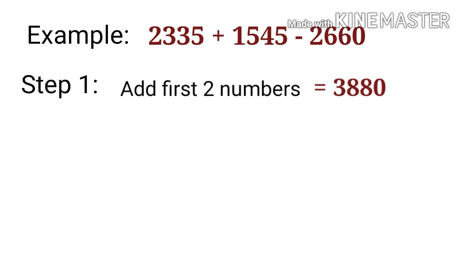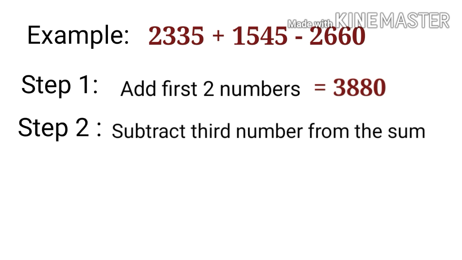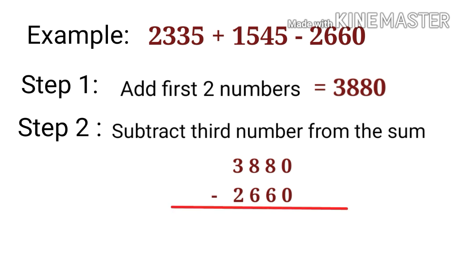Then we can move to step 2, that is subtract the number from the sum. So we can subtract 2,660 from 3,880. Then we get the difference as 1,220.